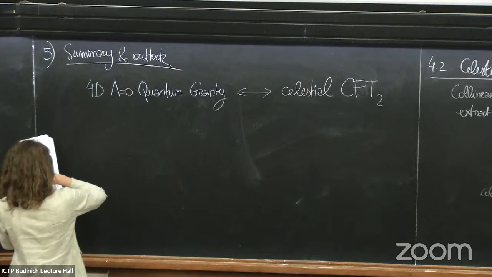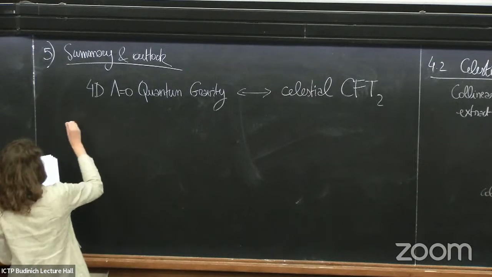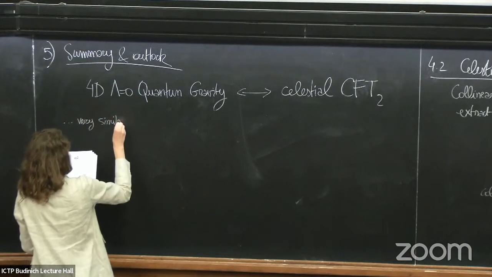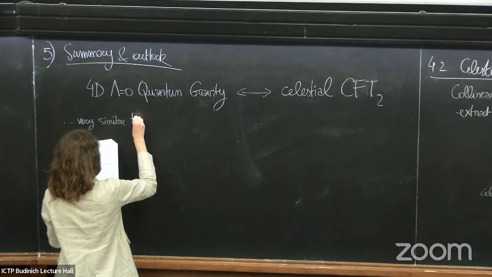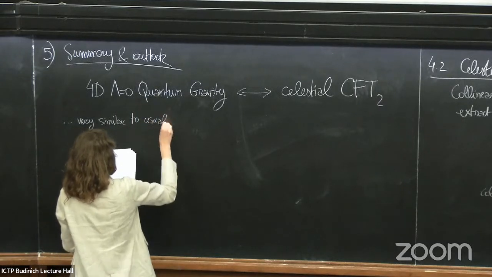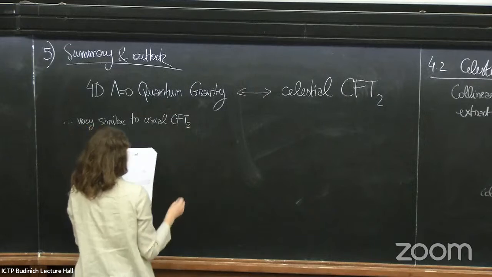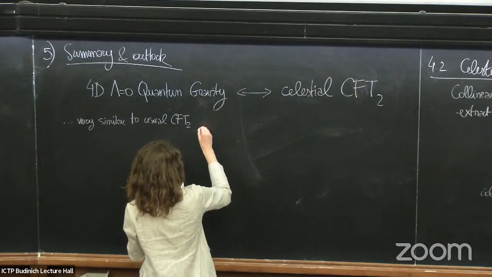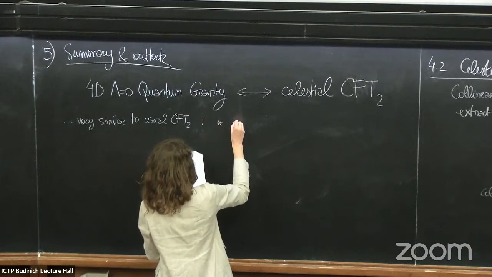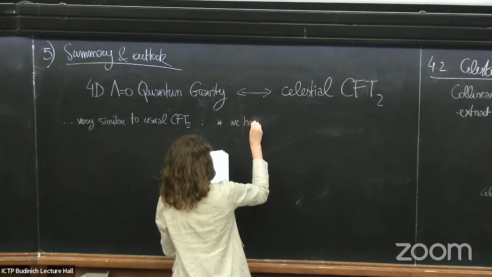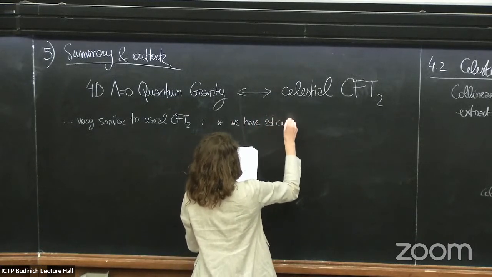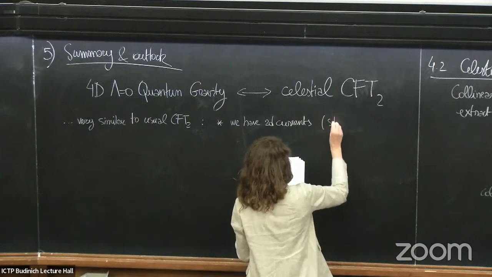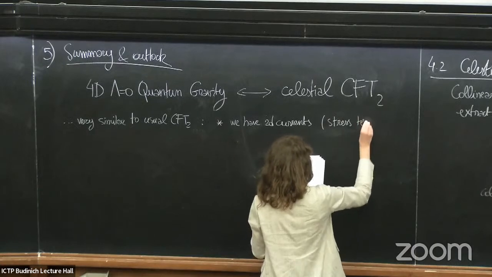So let me mention some nice features that we have seen. The main resemblance we've seen compared to usual CFT2 is that we have 2D currents, we have Kac-Moody currents, we have a stress tensor, which is far from obvious.